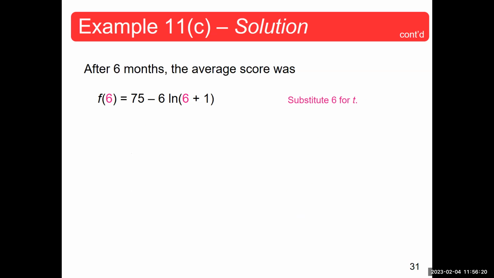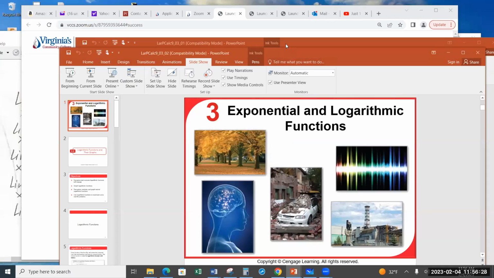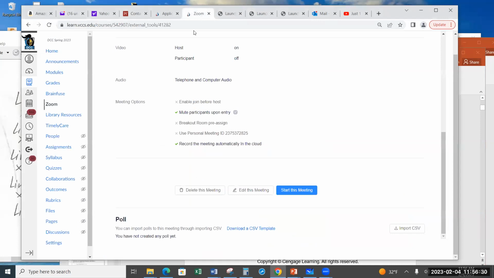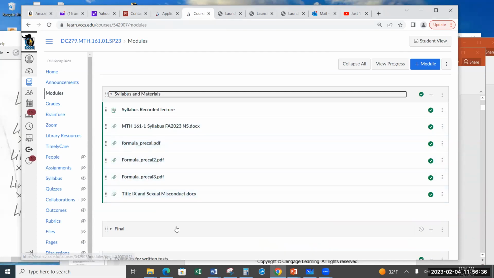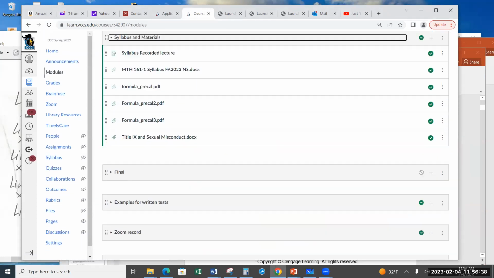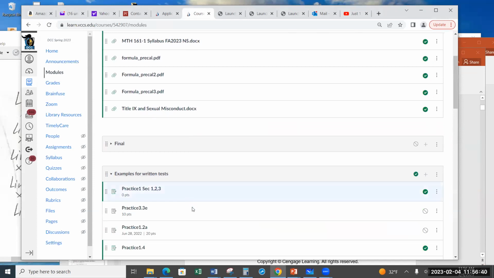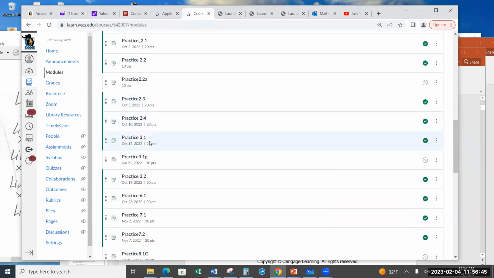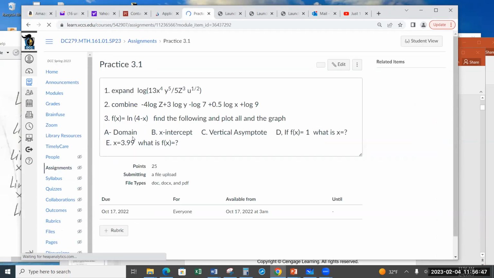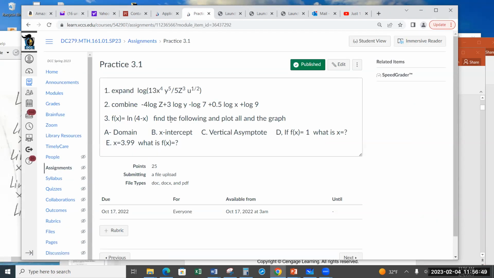Some application here. Let's see if there's any exercise we can do. It's a good idea to practice immediately after you listen to the lecture. 3.1.